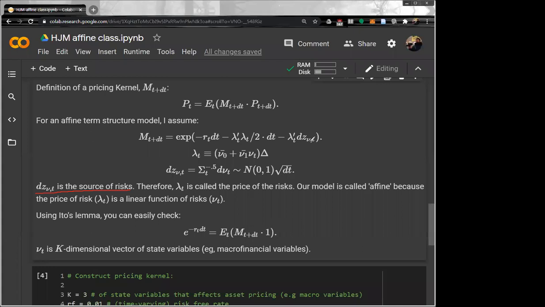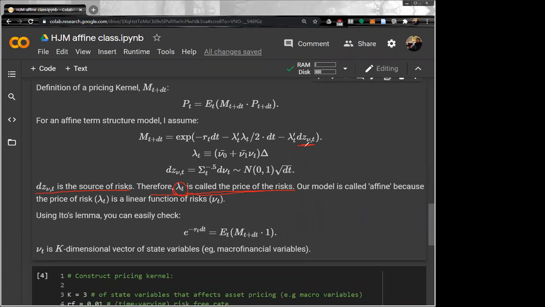Therefore, the part I multiply with this is called the price of risk. Possibly they are vectors, so we have multiple sources of risk. We can even include big data. Then we have a lot of sources of risk, and this lambda_t is the risk price of each source.